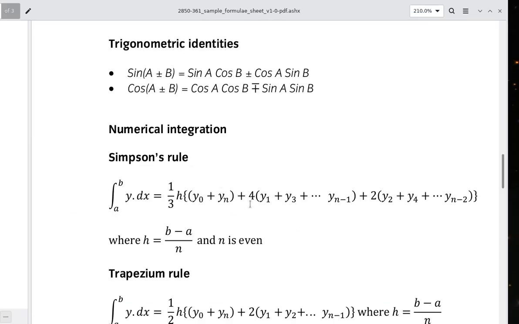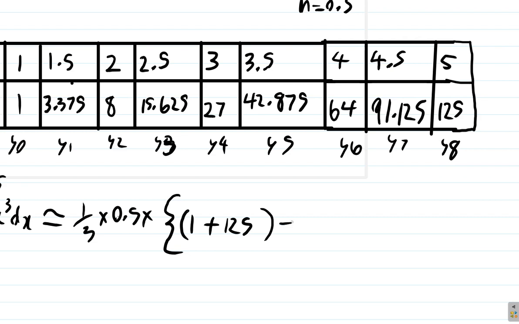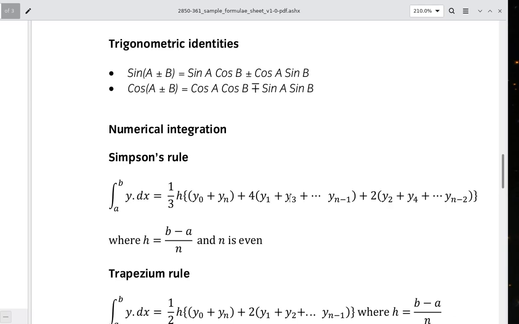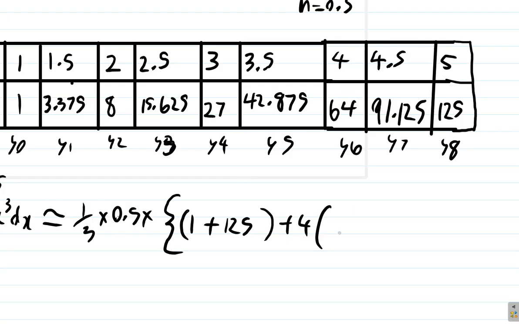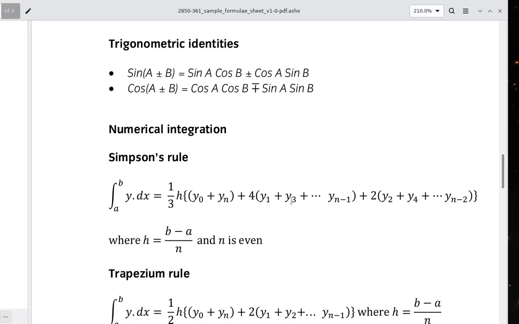Then we have plus 4 times the odd numbered values. So Y1, which would be 3.375 plus, not the odd value, the sum of the odd numbered values, I should say.